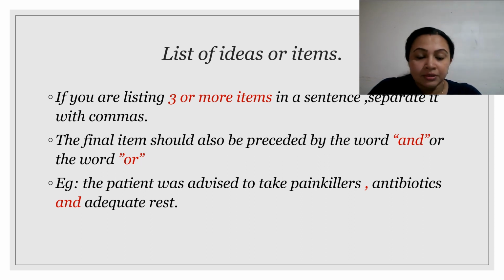You can see the example there. The patient was advised to take painkillers, antibiotics and adequate rest. So when you are listing three or more items, you need to separate them with commas, and the last item should be preceded by the word 'and' or 'or'.